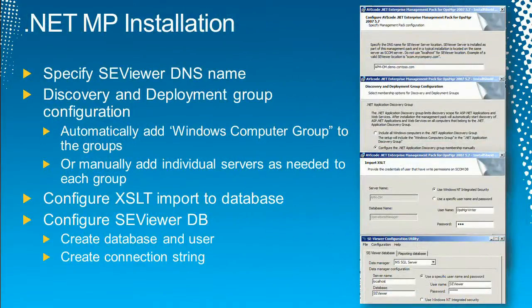So to specify a fully qualified domain name, wherever our installation is, it's got to be able to find the SE Viewer. We put a fully qualified domain name in there because we could have that reporting anywhere throughout DMZs, so it needs a fully qualified domain name to be able to resolve.